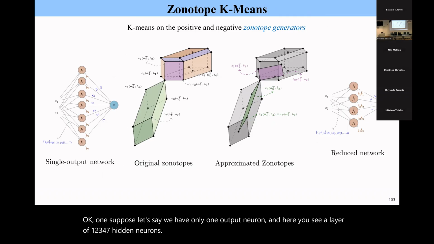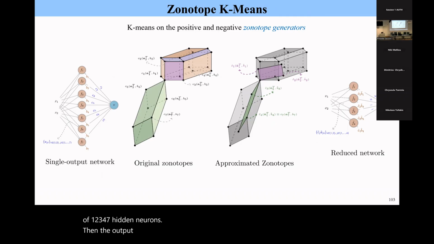Then the output neuron will have two zonotopes, the positive in red color and the negative in green color.